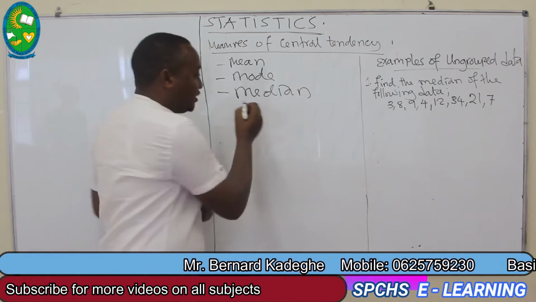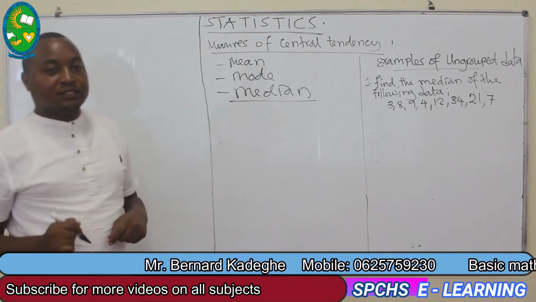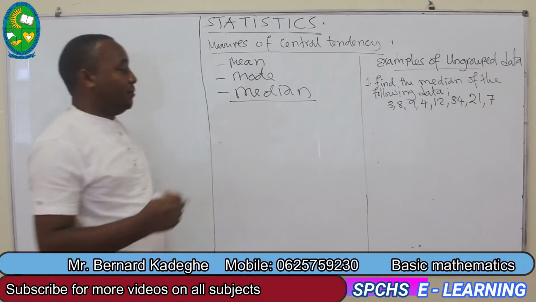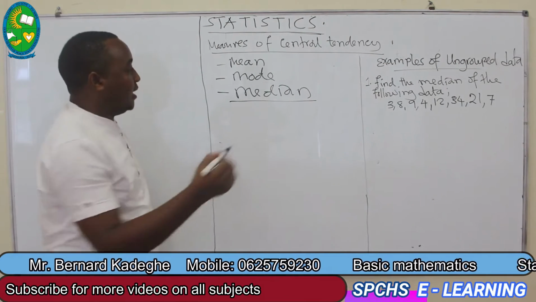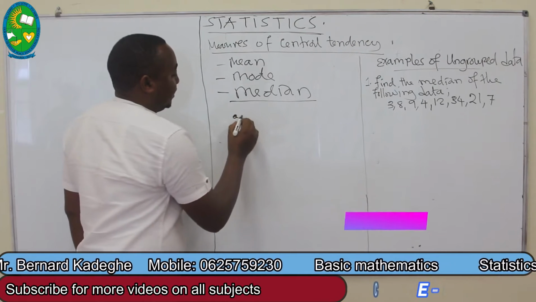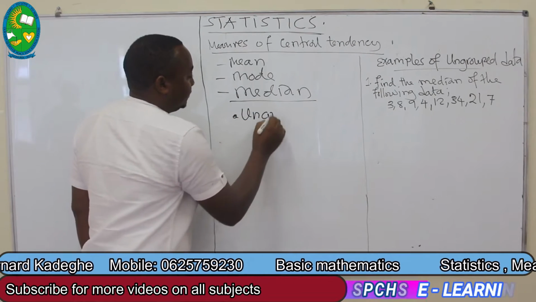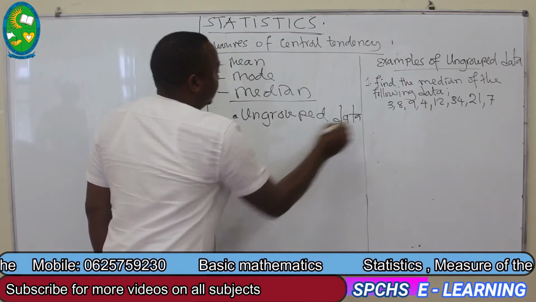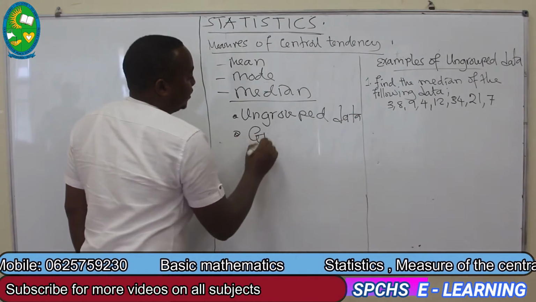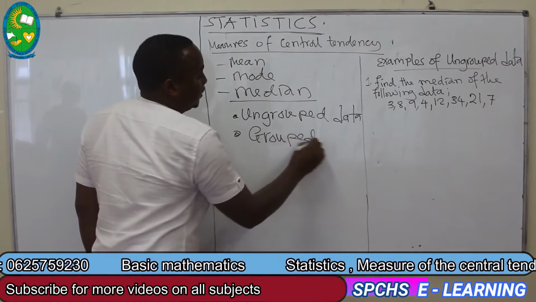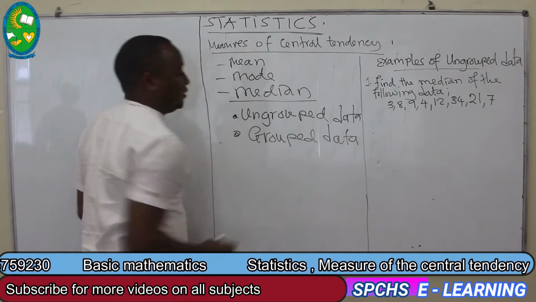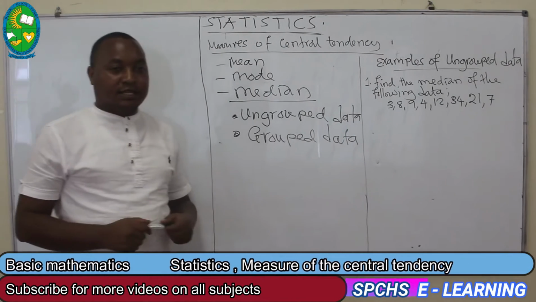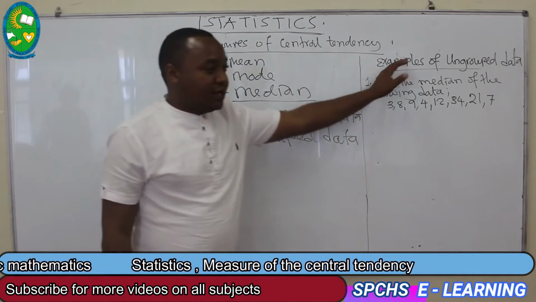But the median can be calculated in 2 ways. You may be given ungrouped data, and we have grouped data. To start with the example of ungrouped data, we have the first example here.